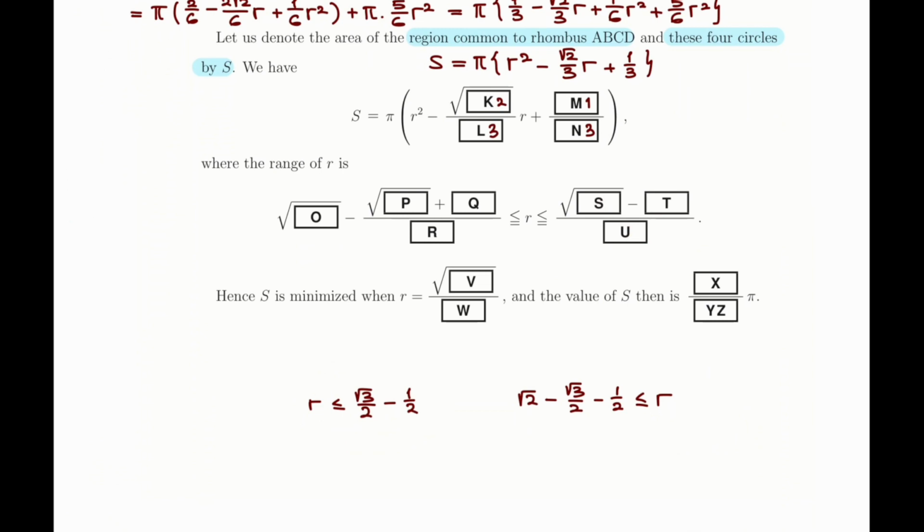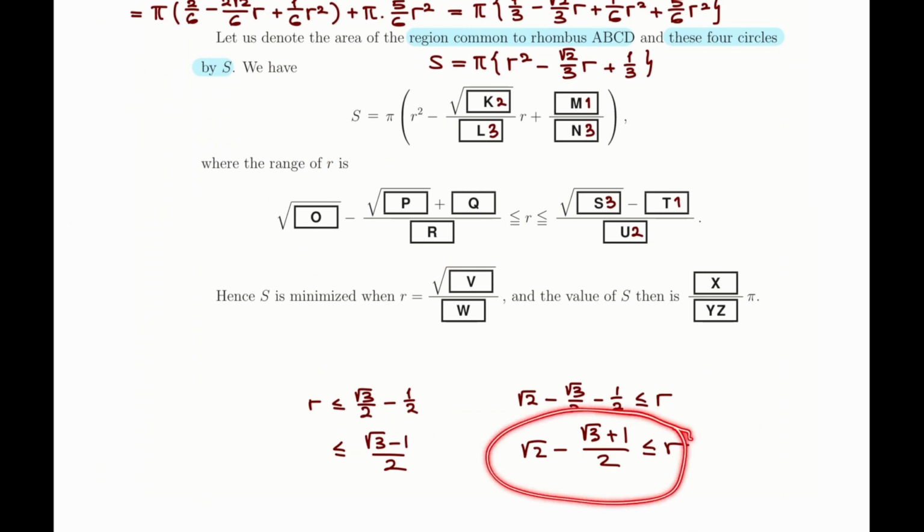For the other one, you can express it as a single fraction. So R must be greater than or equal to this one. So O, P, Q, and R are 2, 3, 1, and 2. That is the range of R.